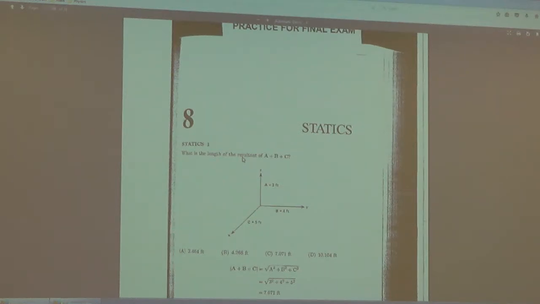If there are 20 questions, it's 5 points each. Everything's out of 100 for me. The final exam is worth 20% of the grade, so each question is 1% of your grade.